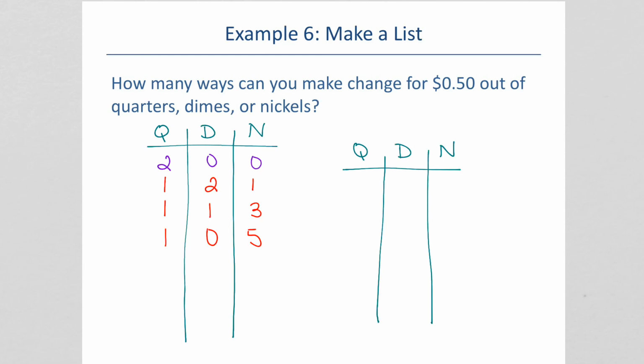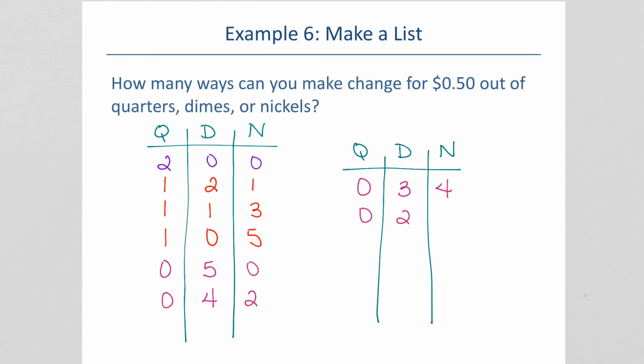So let's see if we had no quarters. If you had no quarters, you would need 5 dimes and no nickels. Again, no quarters. Let's say you had 4 dimes, then you would need 2 nickels. No quarters. Let's say you had 3 dimes, then you would need 4 nickels.